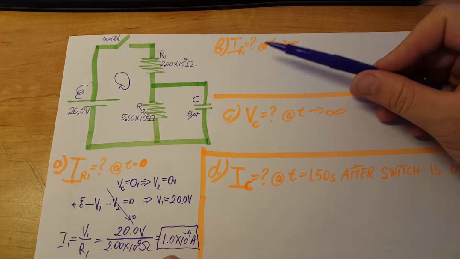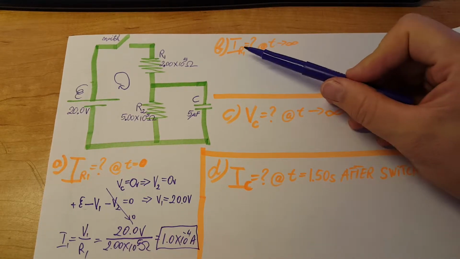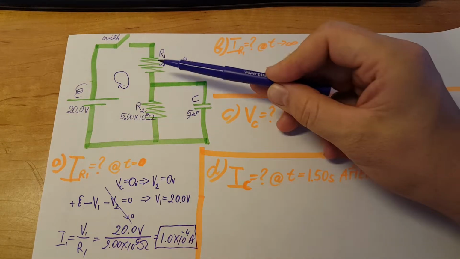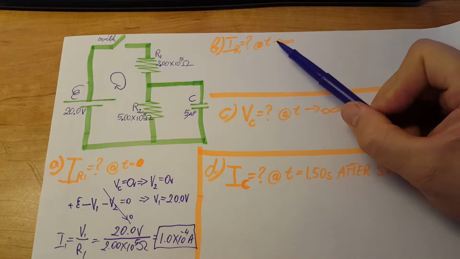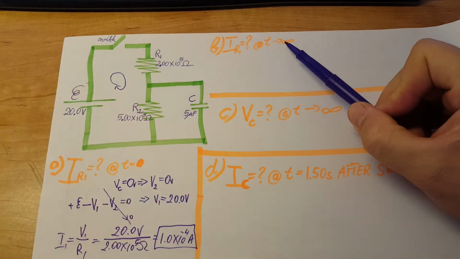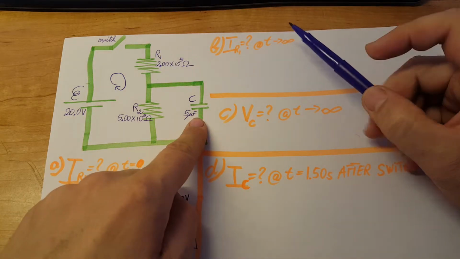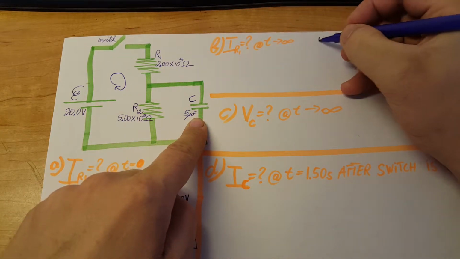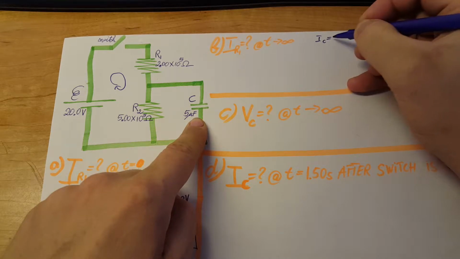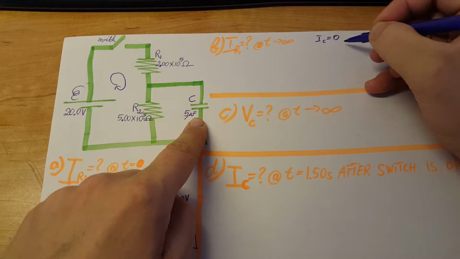Okay, now in part B they want us to find the current through the same resistor, resistor 1, but now a long time after the switch was closed. Now our capacitor is fully charged, and when the capacitor is full there's no current going through it, so we can make a note of that. Current to the capacitor is 0.